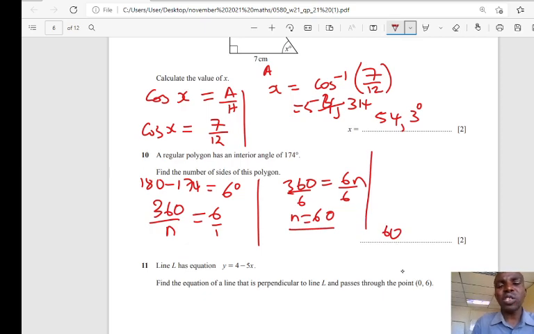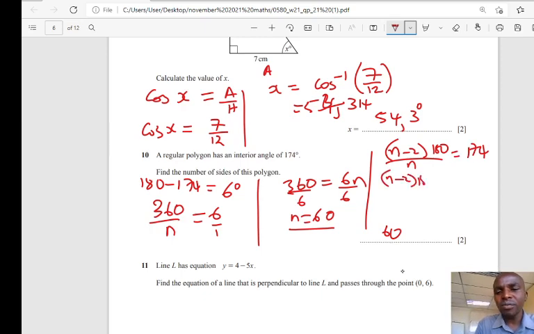You can use another method. You can say sum of angles, n minus 2 times 180 over n, that's each angle, is equal to 174. You must still get the same answer. Then cross multiply by n. You get n minus 2 times 180 is equal to 174n.